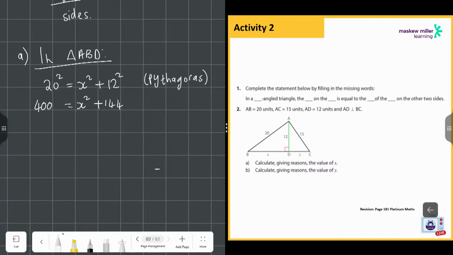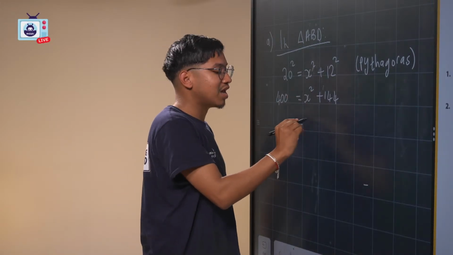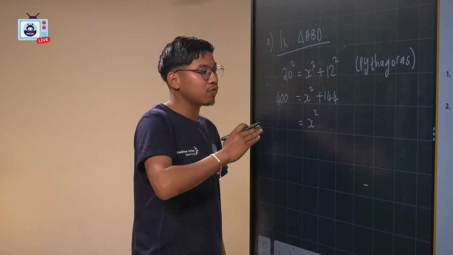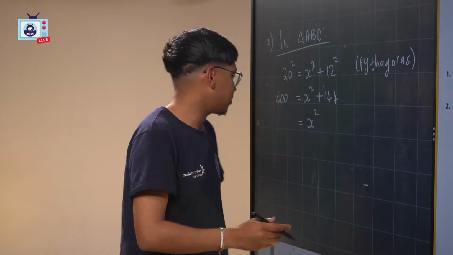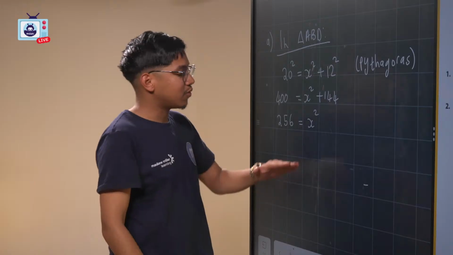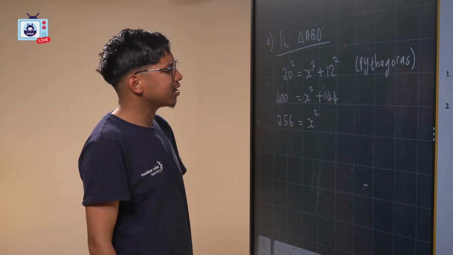We need to know our perfect squares as well. To get x squared on its own, I will subtract 144 from both sides. If I subtract 144 from this side, I'm left with x squared only. If I subtract 144 from 400, I'll be left with 256. So here I have 256. How do I get x on its own?